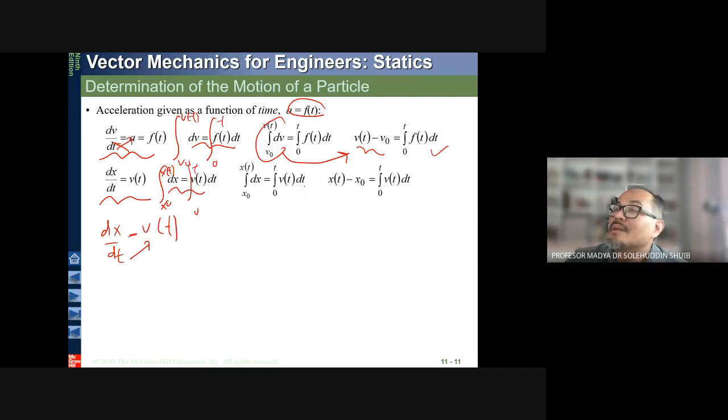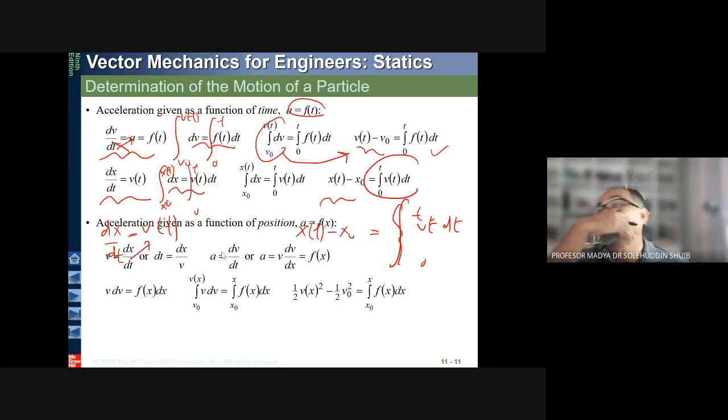So you get x(t) minus x0, which is the integration of v(t) dt. Next one is the acceleration, same technique that you can use.